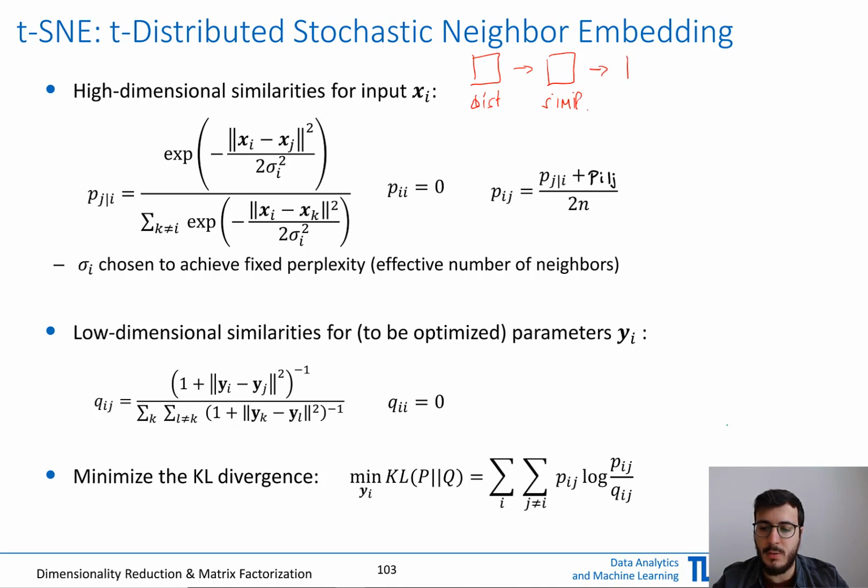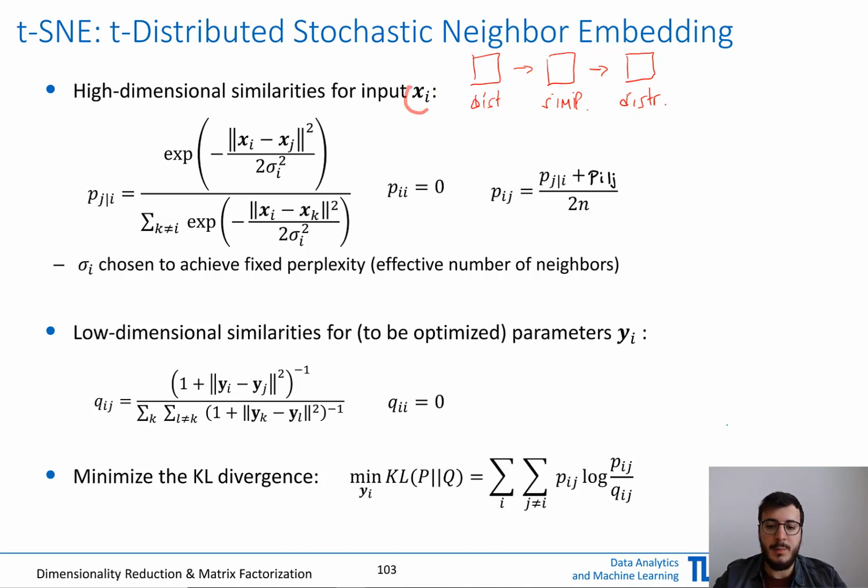And finally, we're going to convert the similarity matrix into a distribution over pairs ij, where the probability ij is high if i is very similar to j, and it's low if i is dissimilar from j.